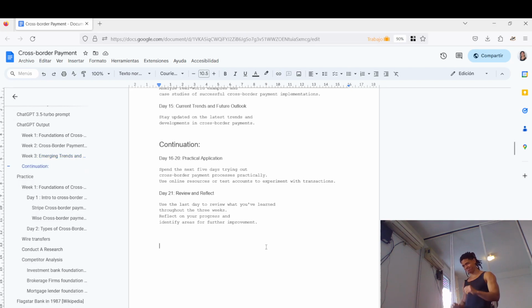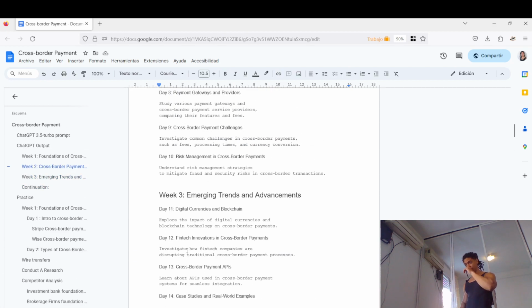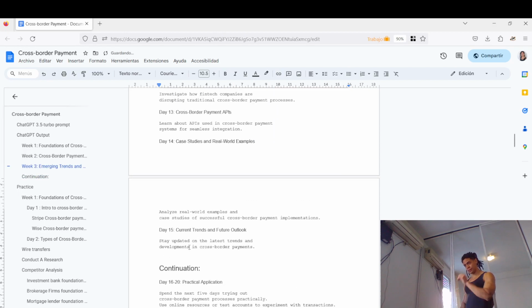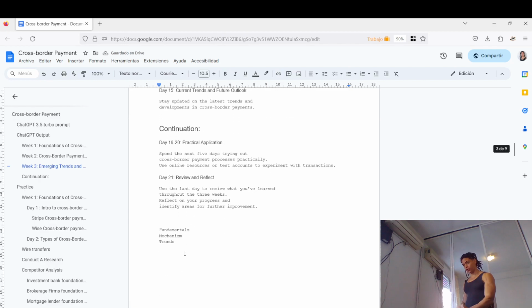Here I am exploring ideas of learning. Okay, so learn the fundamentals, then the mechanism, or process, and then the emerging trends and advancement.